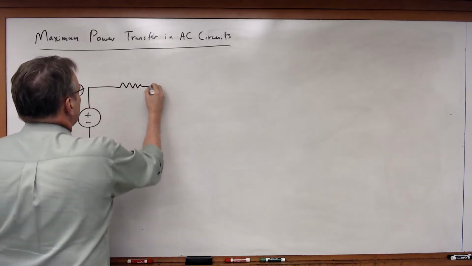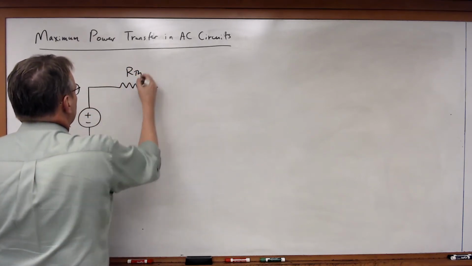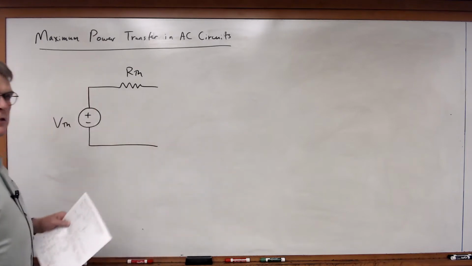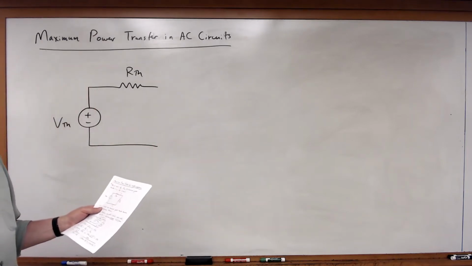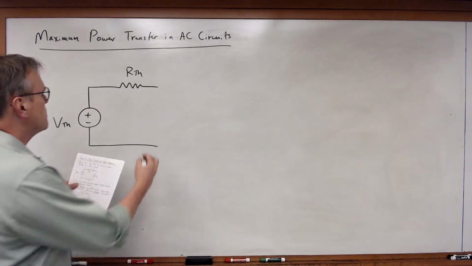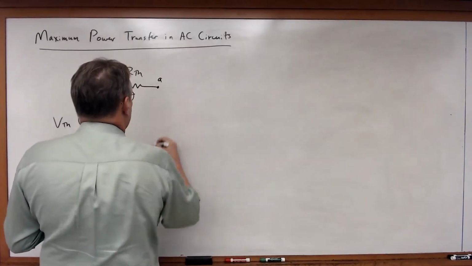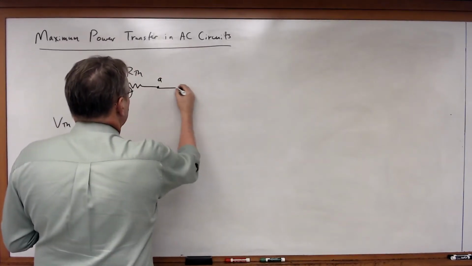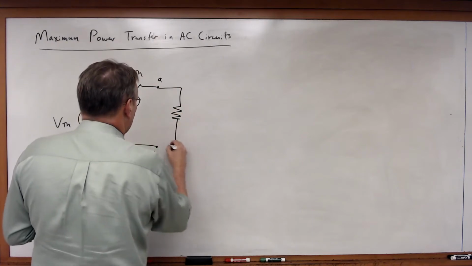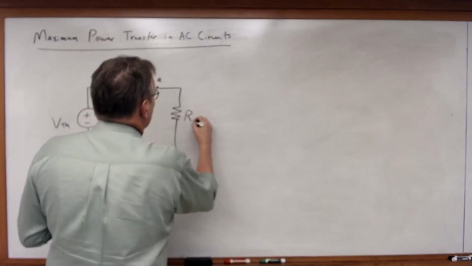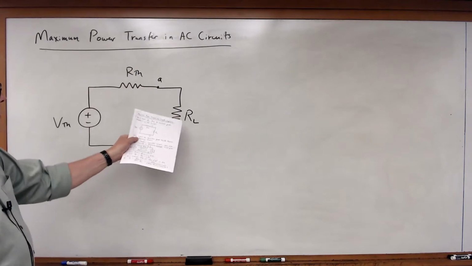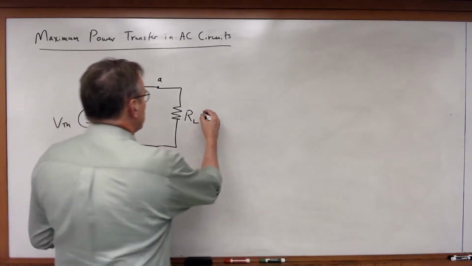given a Thevenin voltage and a Thevenin resistance, back when we were looking at this in just simple DC circuits with resistors, we saw that we could add a load resistor across the Thevenin equivalent of a circuit. And we saw that for maximum power transfer, RL had to be equal to RTH.